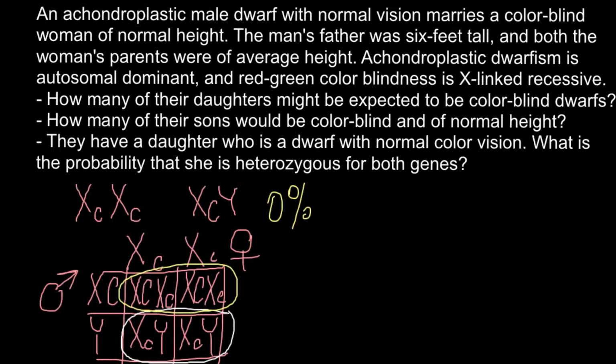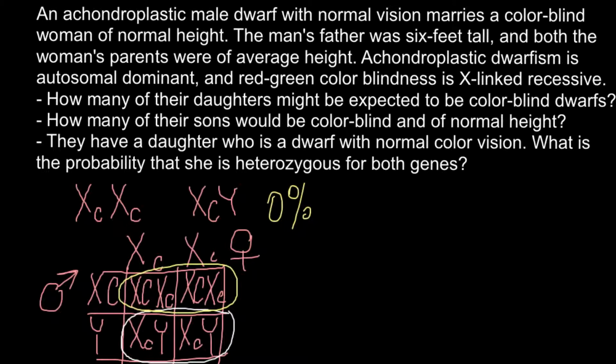50% of the daughters, of course, can be dwarfs, but none of them can be colorblind, as you see according to this Punnett square. So now we can move to the second question. How many of their sons would be colorblind and of normal height? We know that dwarfism is a dominant autosomal trait. So let's return to our Punnett square.